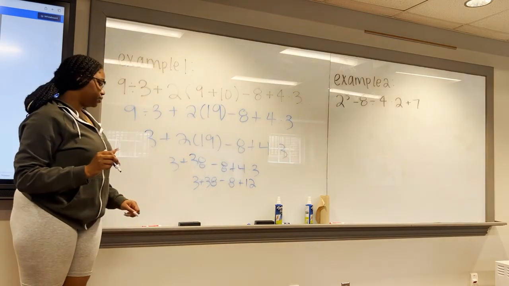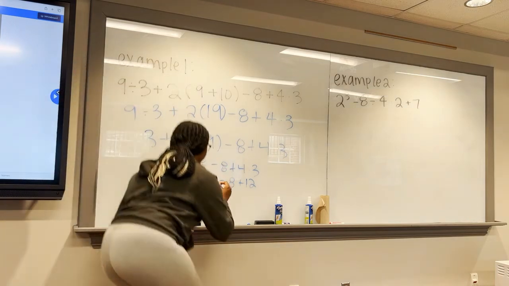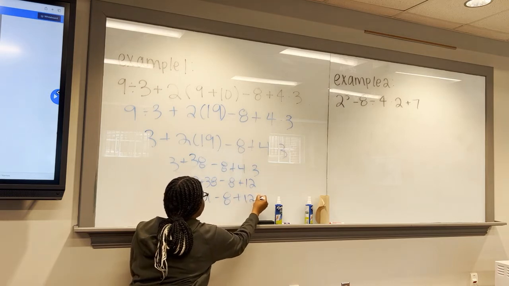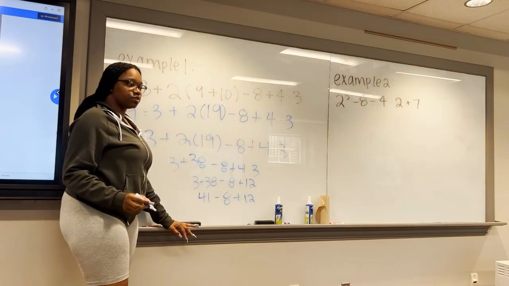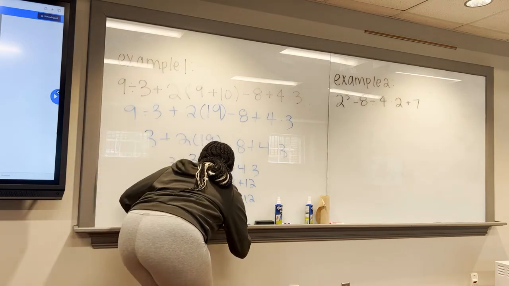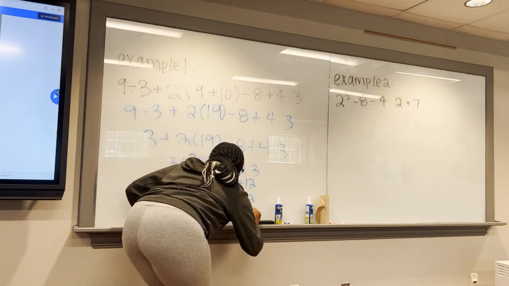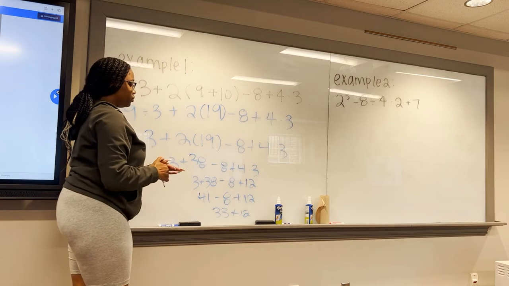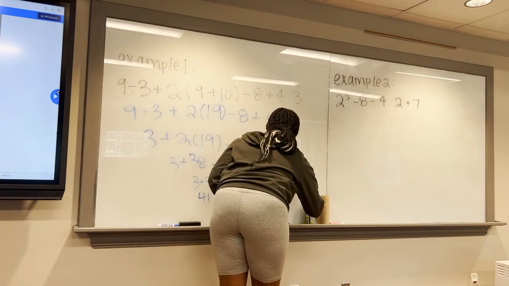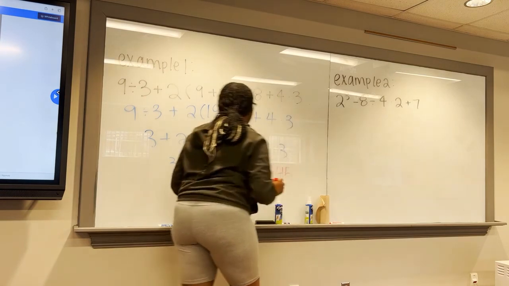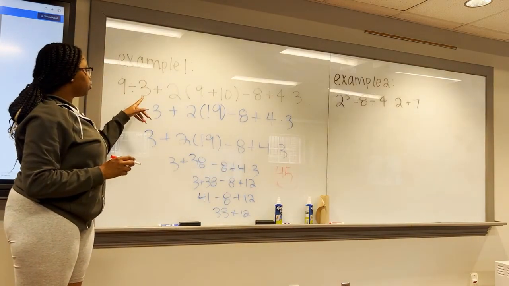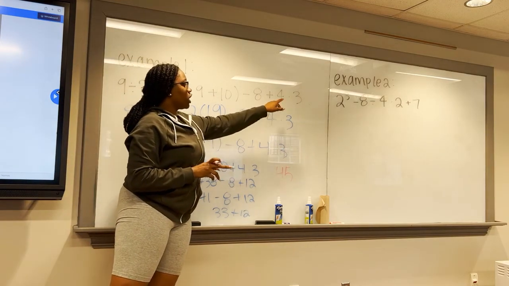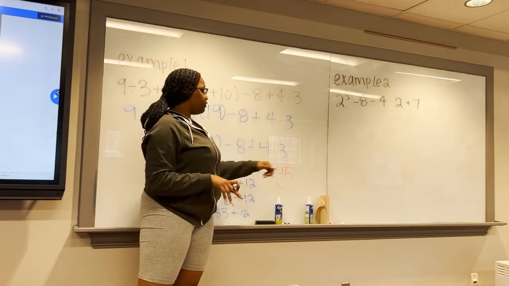Next step, 38 plus 3 is 41. 41 minus 8 plus 12. It'd be 33 because 41 minus 8. Good job. What is 33 plus 12? 45. So 9 divided by 3 plus 2 times (9 plus 10) minus 8 plus 4 times 3 gives us the answer of 45.